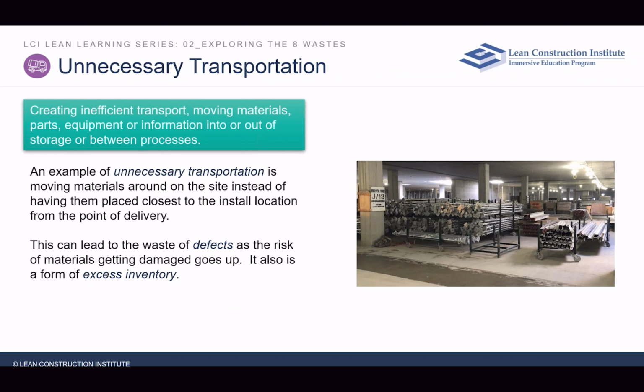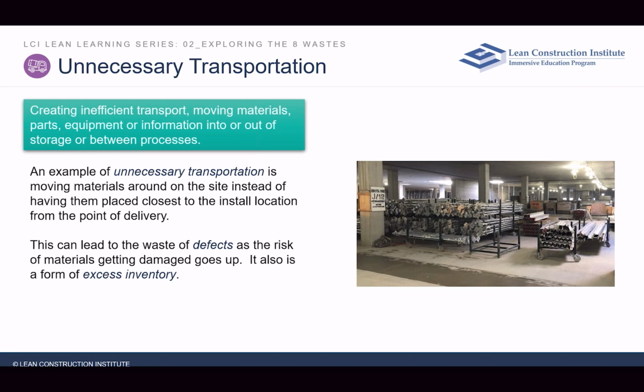I think of it also as a waste because we could damage that material sitting on site for so long. We could damage that material, and now we have to bring out new material. So having material organized on a job site so that we don't have to move it often is really a key element to not having waste.